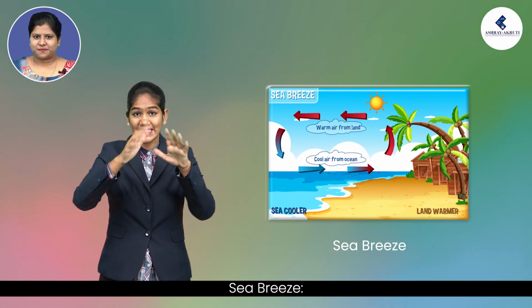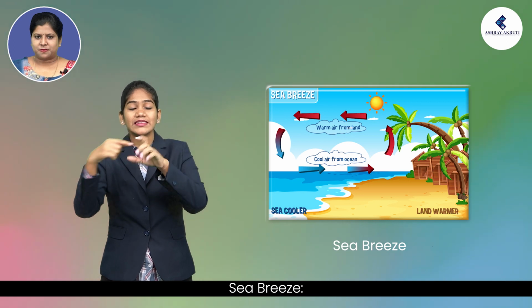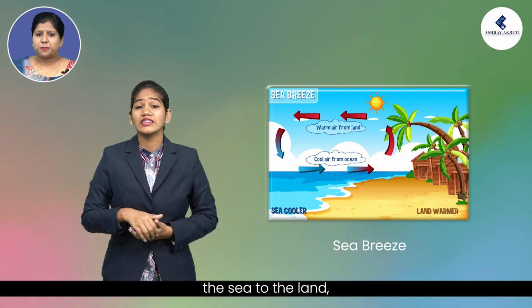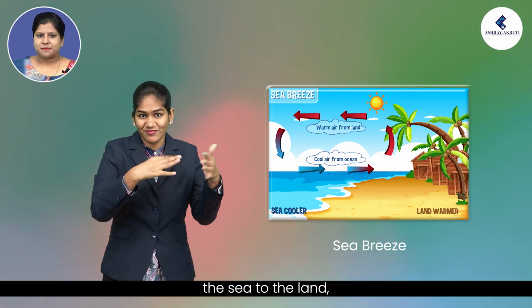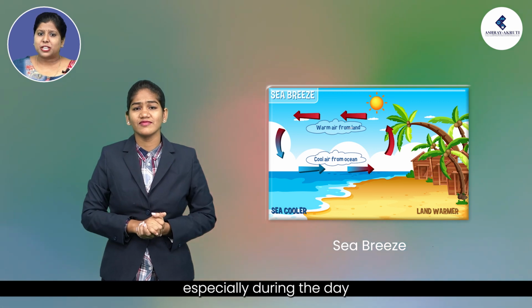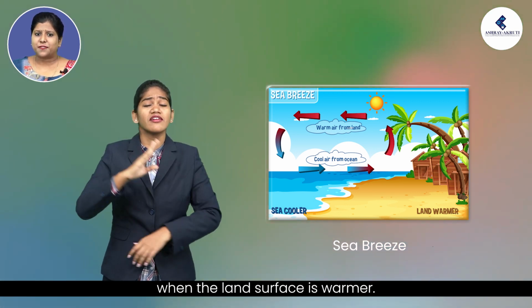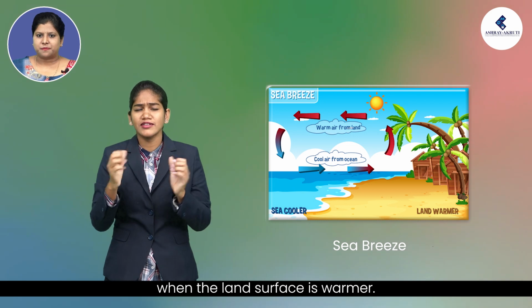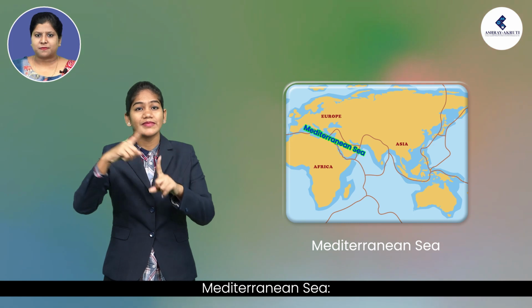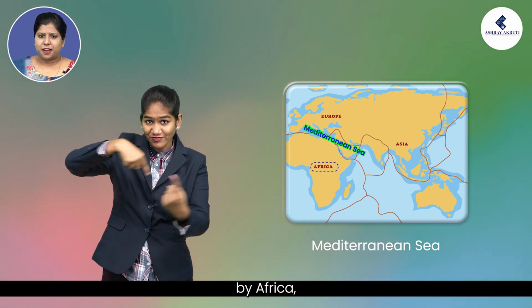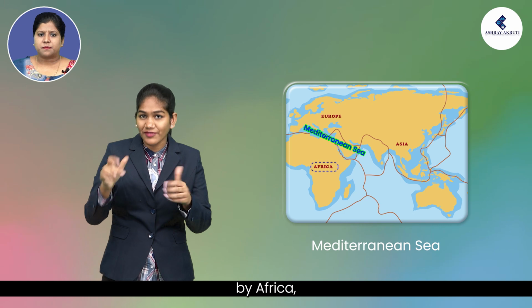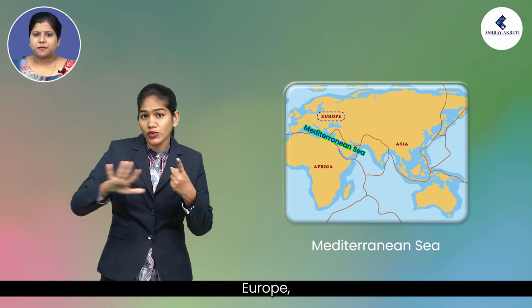Sea breeze: wind blowing from the sea to the land, especially during the day when the land surface is warmer. Mediterranean Sea: a sea surrounded by Africa, Europe and Asia.